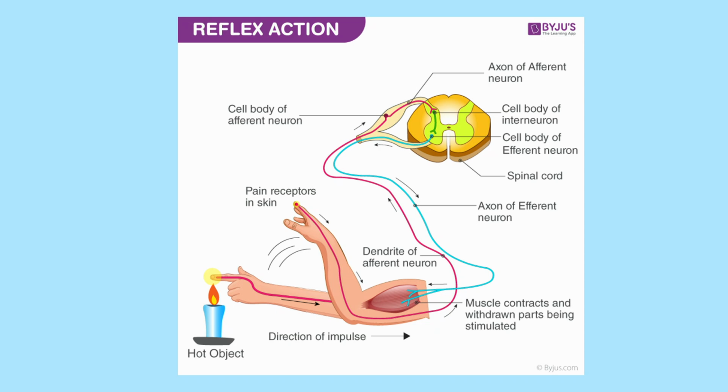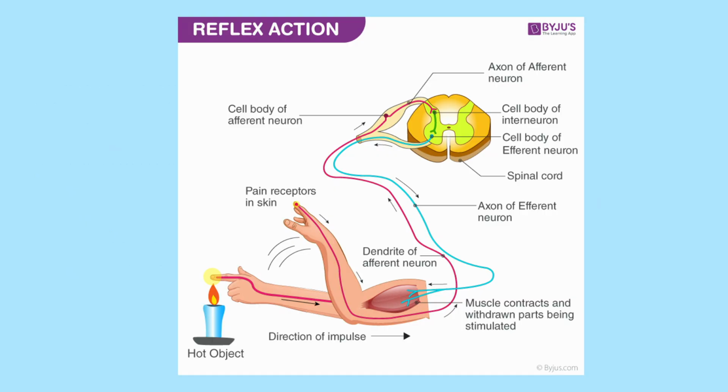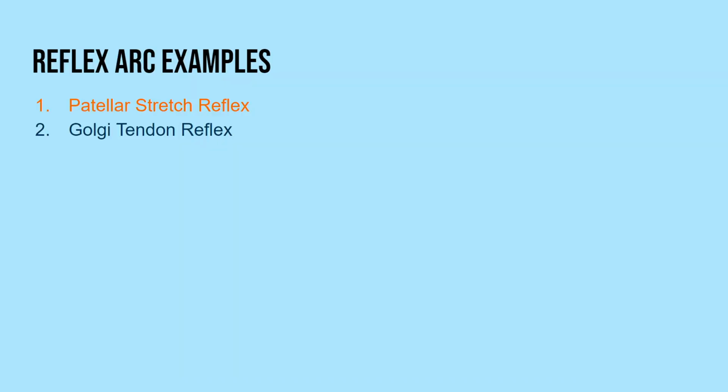So this would be a polysynaptic reflex arc. And then the blue neuron is the efferent neuron, and the muscle in the arm is the effector muscle. So there are two reflex arcs that you should be familiar with. One is the patellar stretch reflex, and the second is the Golgi tendon reflex.